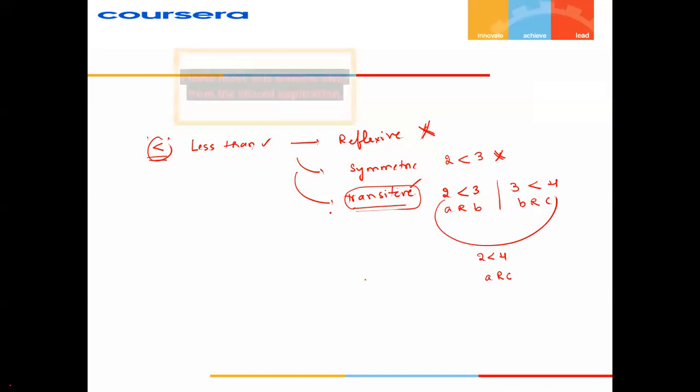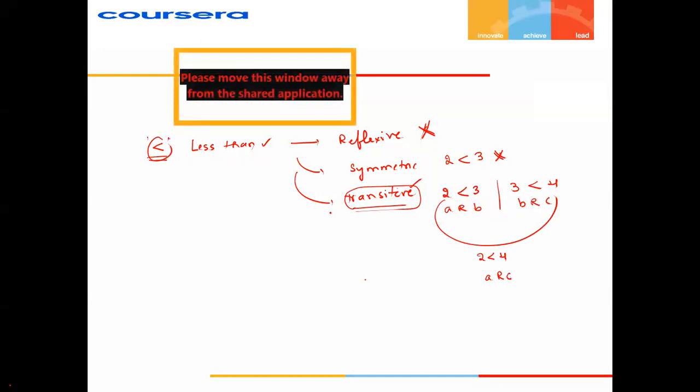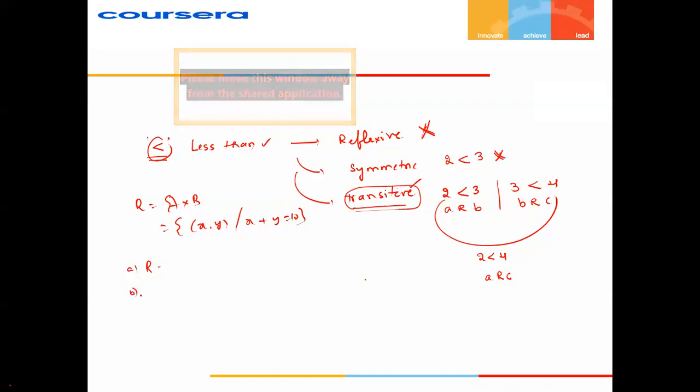So this is what is important for us. Relations, particularly identifying the correct relations. Suppose it is given in the form R from A to B, where A is given, B is given, and it is defined like this, then identify what the elements are. Then next is the properties for any given relation: whether it is reflexive or not, symmetric or not, transitive or not.